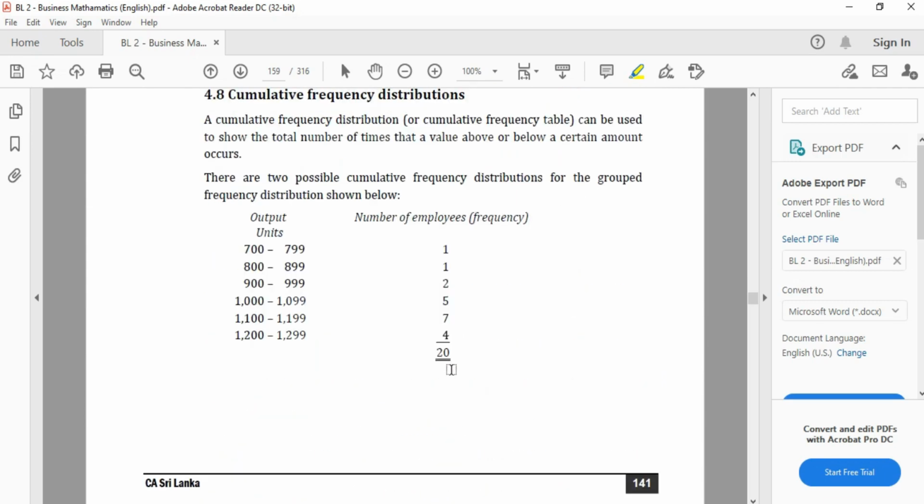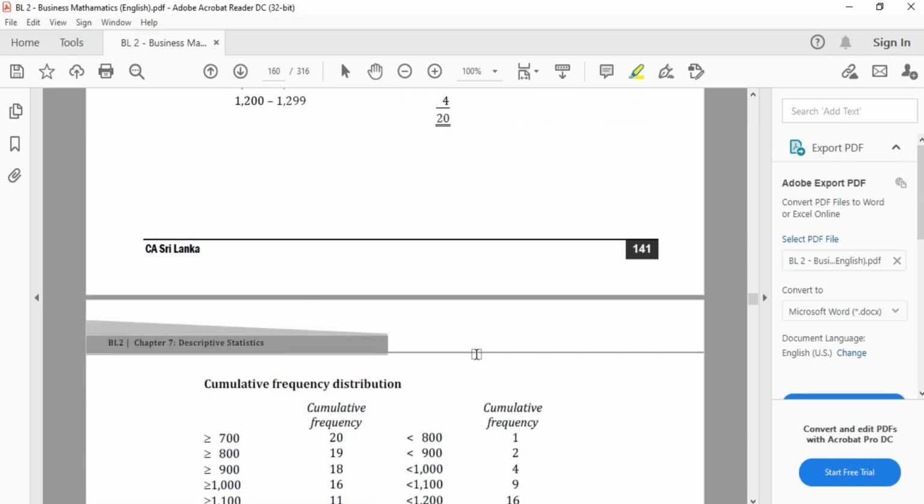Let's now look at cumulative frequency distribution. Cumulative frequency distributions can be used to show the total number of times a value above or below a certain amount occurs. There are two possible cumulative frequency distributions for the grouped frequency distribution shown below. So the same example.